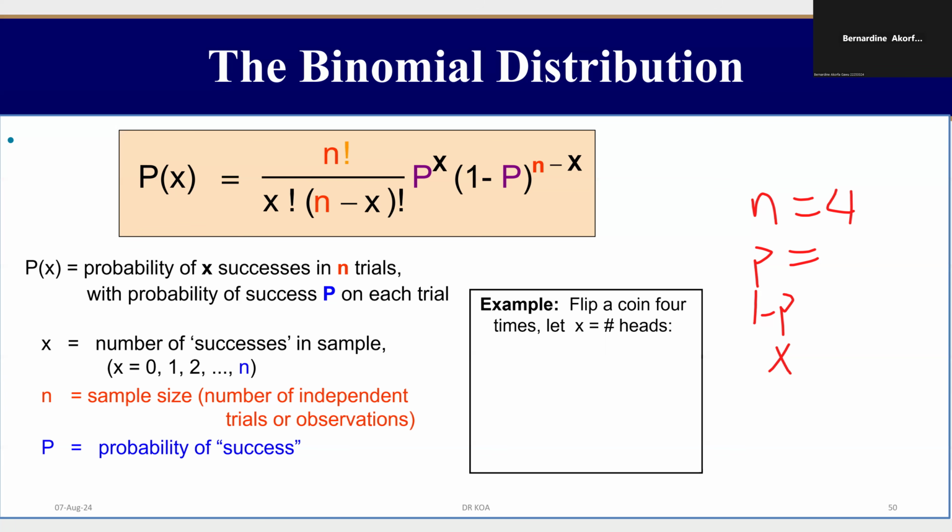So the probability of success is 0.5, because the chance of getting a head is 50%. The chance of not getting a head is also 50%.